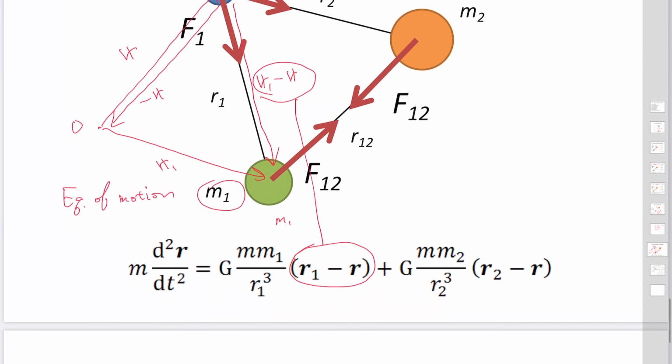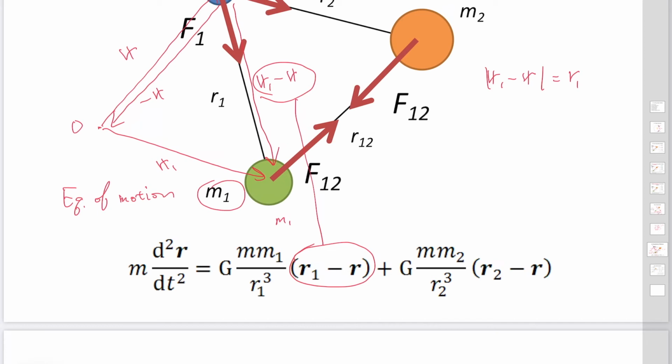And then a little bit strange one is r sub 1 minus r vector. This magnitude we expressed as r sub 1. We often write the magnitude of the r sub 1 vector as r1, but in this case it's not true.